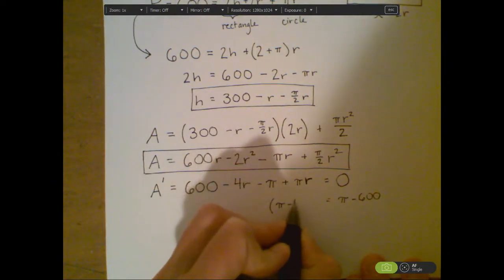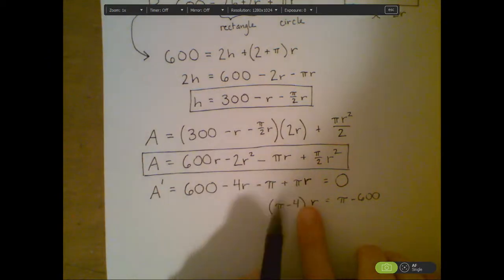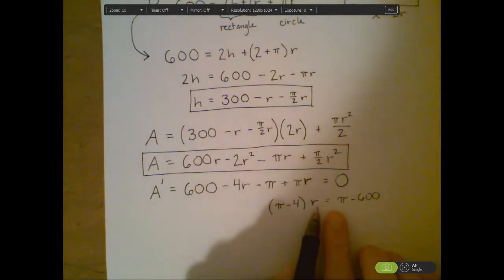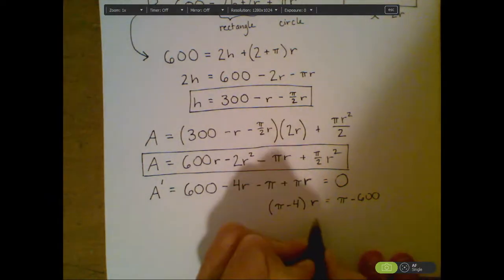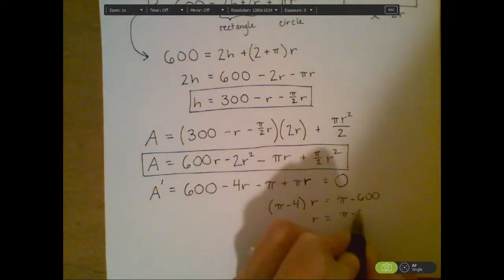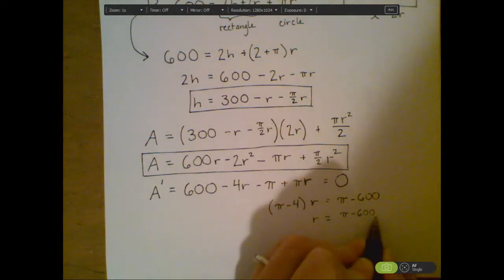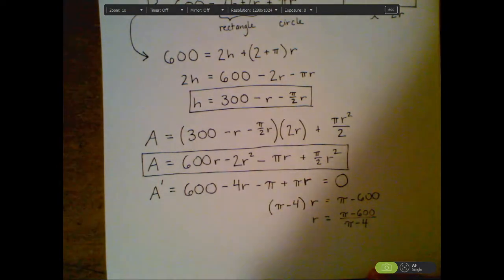Pi minus 4 times r, right? Because I have a pi coefficient and a minus 4 coefficient times r is equal to this. Now I divide both sides by pi minus 4, and I get my r is equal to pi minus 600 divided by pi minus 4.